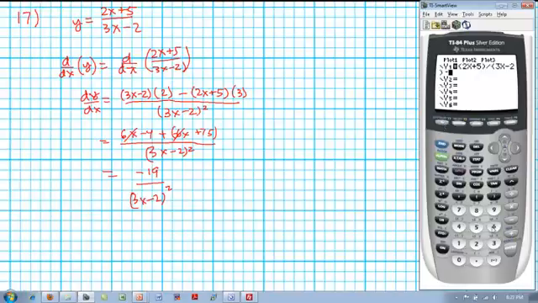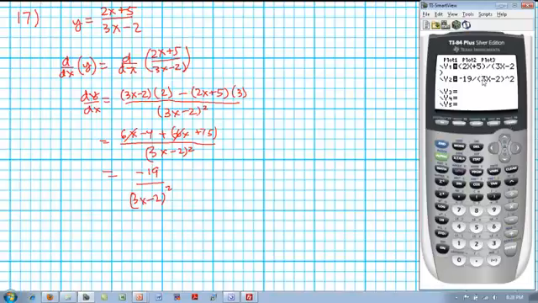So let's go ahead and put in negative 19 divided by quantity 3x minus 2 quantity squared.